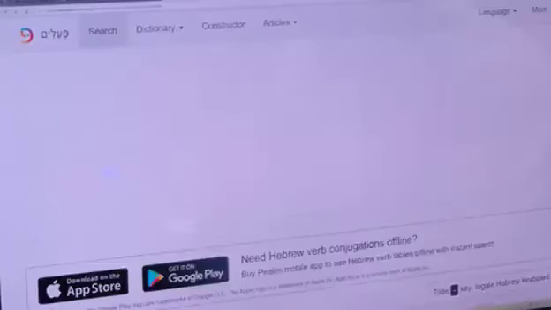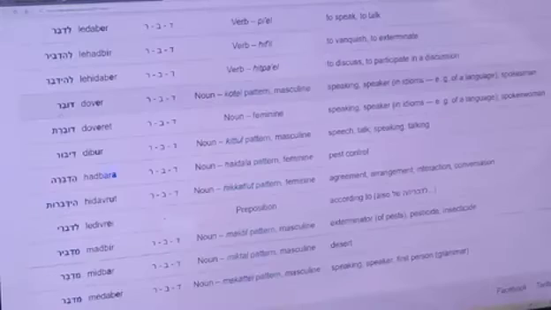And we're going to see if we can find our suffix example. Let me go back here.